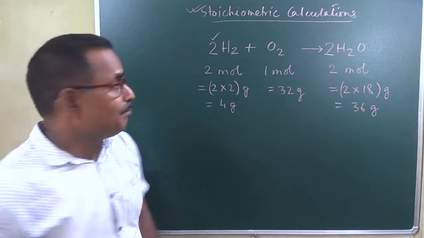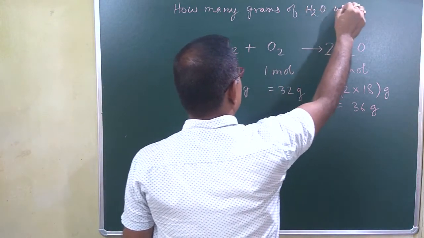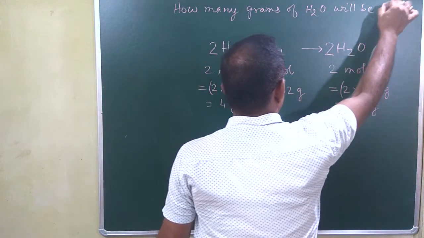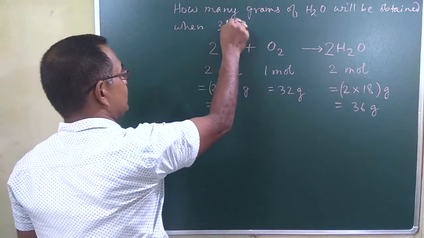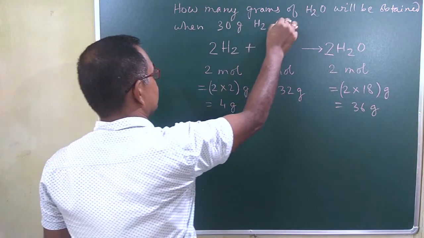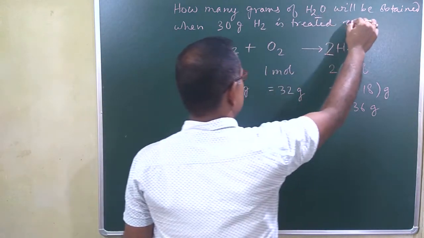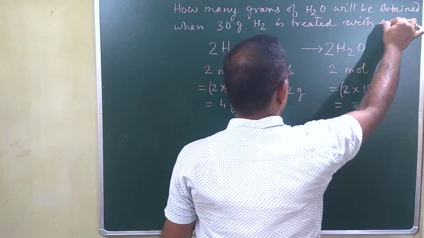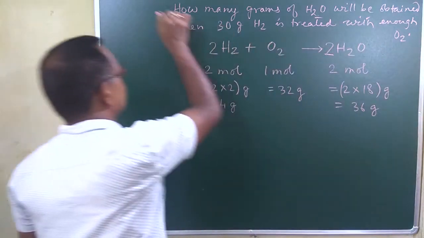Let us take an example. How many grams of water will be obtained when, say, 30 gram of hydrogen is treated with enough oxygen?